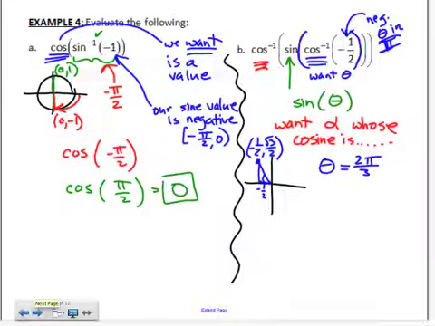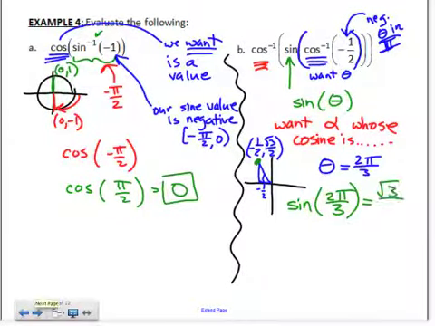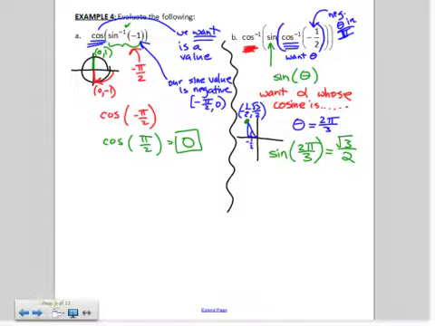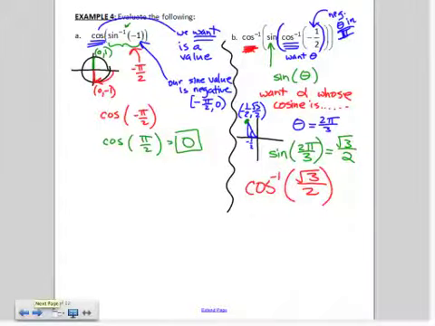Next, we're now ready for sine. We want to find the sine of 2 pi over 3. Well, cool. We just plotted that point. And sine is our y value. So it's square root of 3 over 2. And next, the cosine inverse of the square root of 3 over 2. So we want the angle whose cosine is square root of 3 over 2.